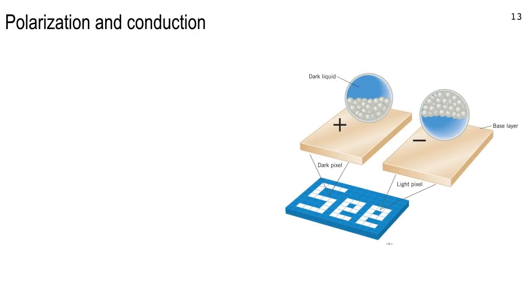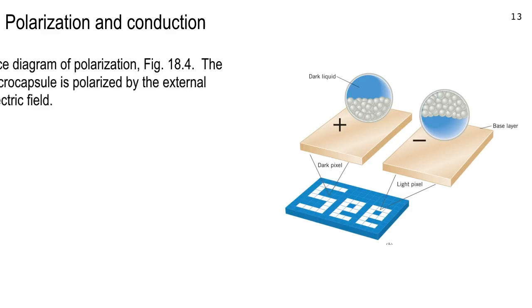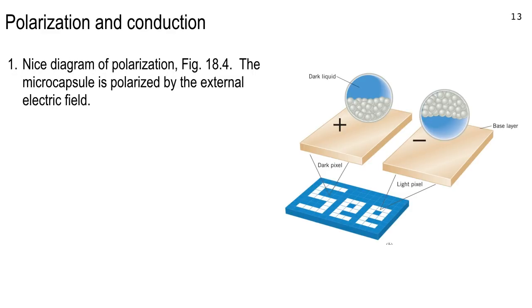Okay, polarization and conduction. Now, here's another topic that's pretty important. Polarization. And I really love this diagram. This is figure 18.4. They talk about something called electric ink. Basically those two blobs are polarized.